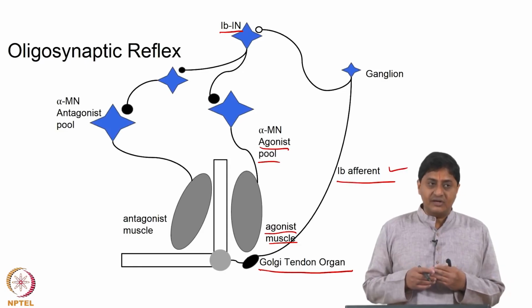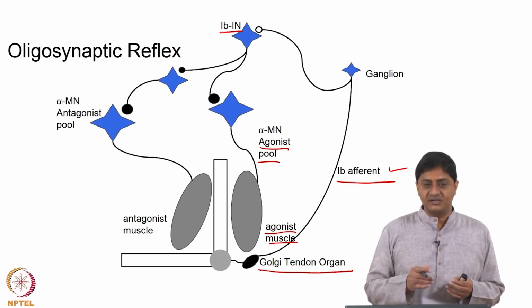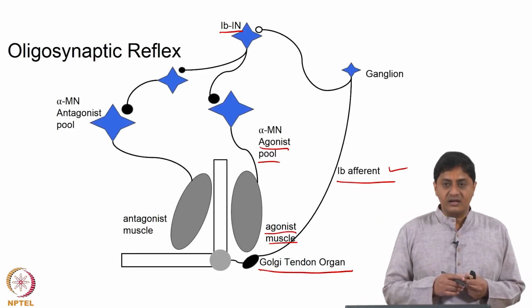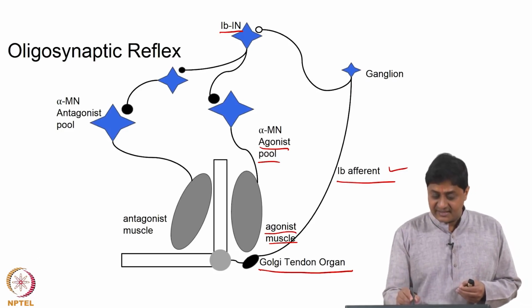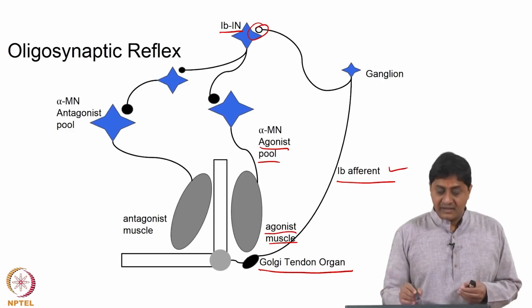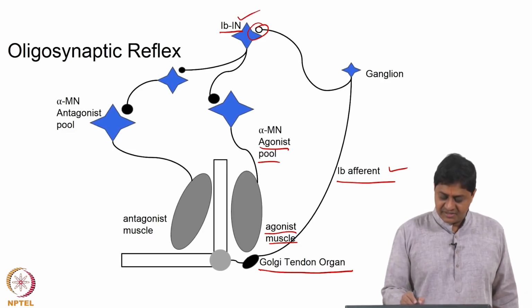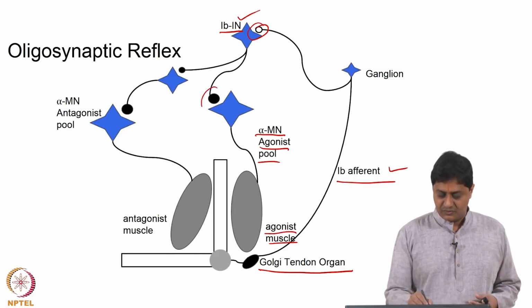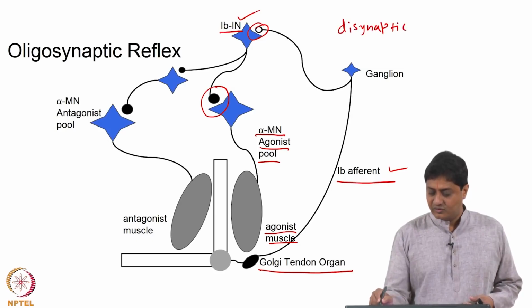So, if the muscle is contracting, we should reduce the amount of contraction, but let us remember that all the proprioceptor neurons are excitatory by default. So, this 1B afferent excites a different neuron, an interneuron, which inhibits the alpha motor neuronal pool of the same muscle. So, this is again a disynaptic pathway, or involvement of two synapses.